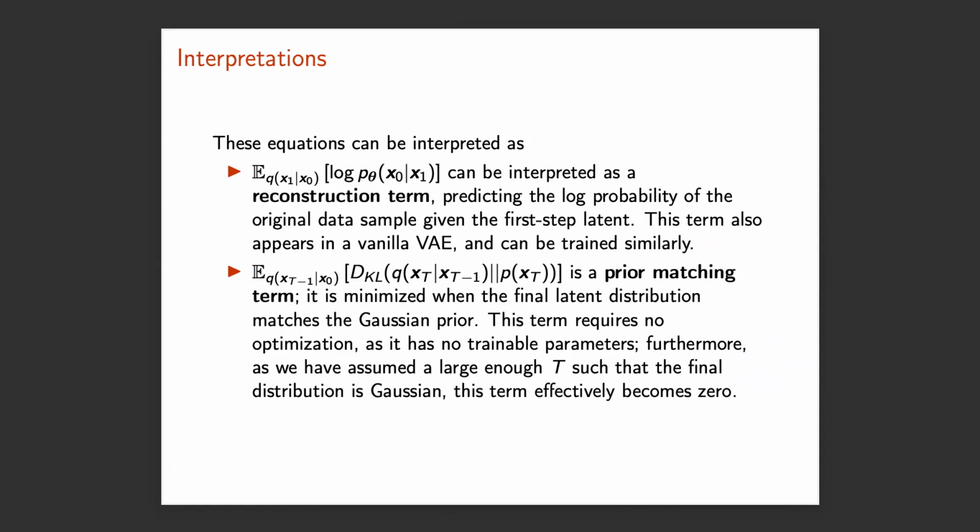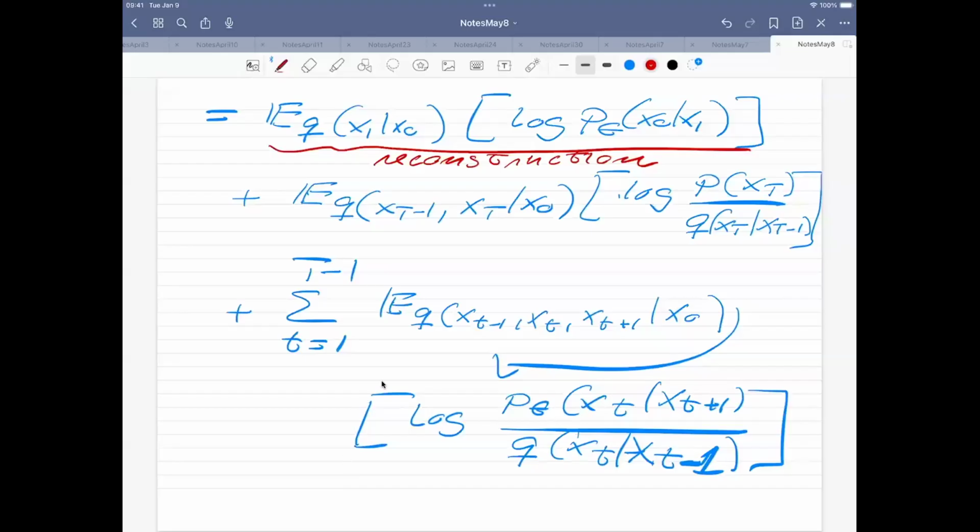So let's go back to what we had on the whiteboard and look at that one. In the calculations here, this term is going to be defined by a Gaussian, and it's going to be a prior.